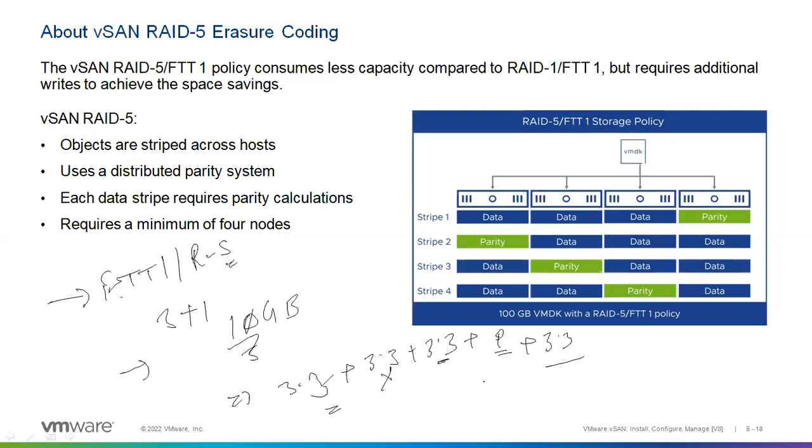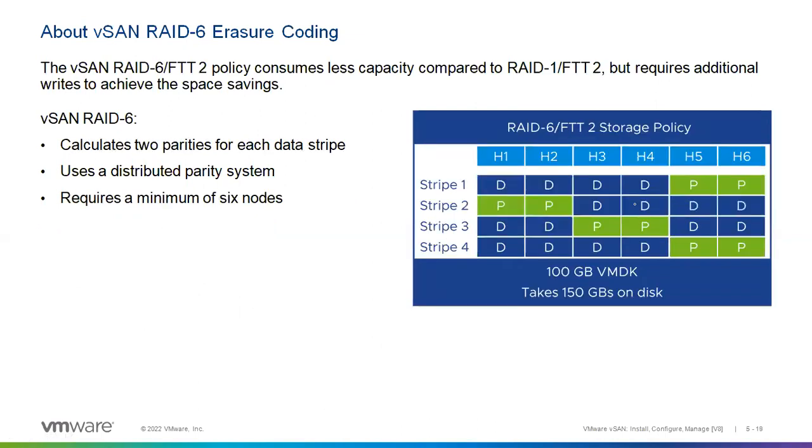The bare minimum requirement is 4 because the writing mechanism is 3+1. The recommendation is 5. Why? Because let us suppose this example. Let me see the next slide, they had showcased it. No problem, let me go back.